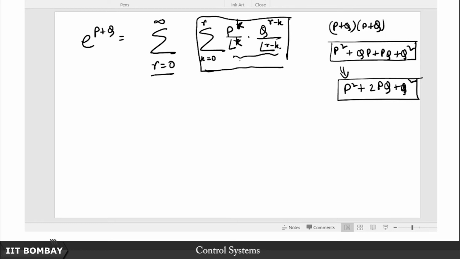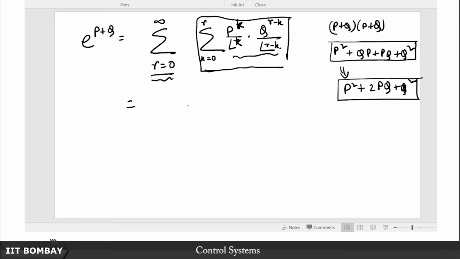The first sum tells you that you take the product of p to the power k and q to the power r minus k such that the powers to which p and q are raised must sum to r. So, it seems very restrictive, but the second sum tells you that this r could be anything from 0 to infinity.